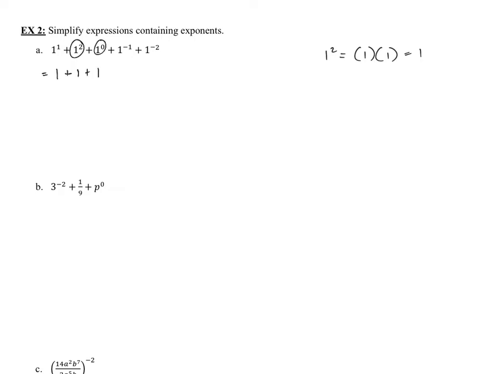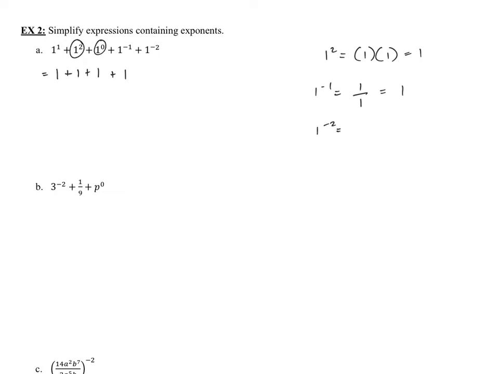Oh, interesting. Plus, let's see, 1 to the negative 1 power. What's that going to be? 1 to the negative 1 is, we take the reciprocal, 1 over 1, which is just 1. That's so weird. They're all turning out to be 1. And lastly, we have 1 to the negative 2 power.